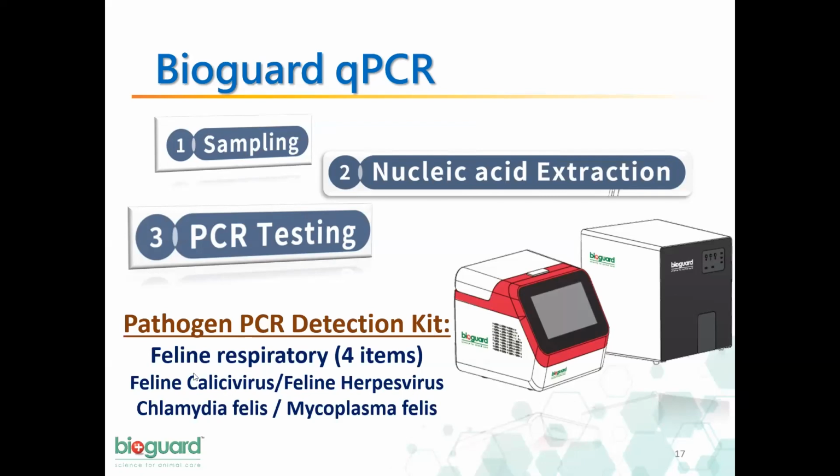For example, in case of feline respiratory diseases, we have a feline respiratory kit which contains 4 items: feline calicivirus, feline herpes virus, C. felis, and Mycoplasma felis. So these 4 pathogens can be detected in this one test. It's a very reliable result and very useful for small clinics and even hospitals.